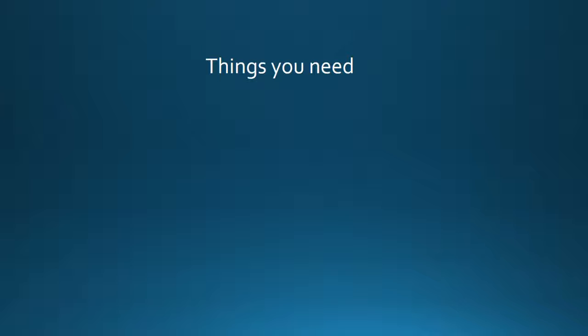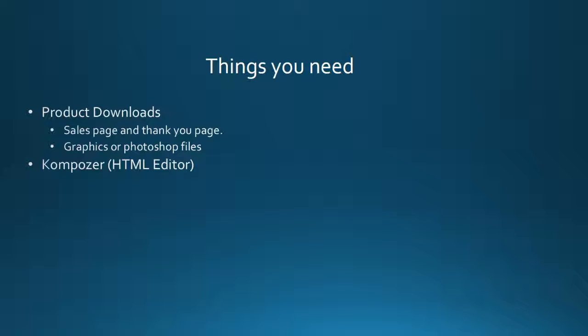Now, here are the things that you need. You need, of course, to have the product download. So you're going to need to have access to the video course, the ebook, or the product itself. You're going to need to access the sales page and the thank you page. If you don't have a thank you page, you can create one with the HTML editor that we're using, and I can show you how to do that.